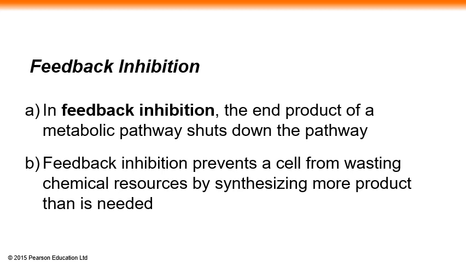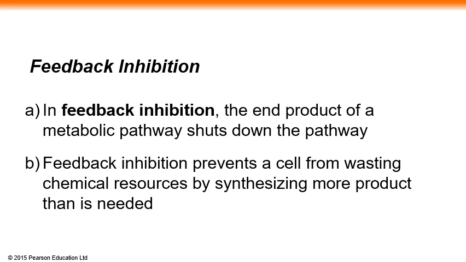Feedback inhibition. Sometimes a cell produces too much product by an enzymatic activity, then it needs to stop. So in that case, the final product can act as an inhibitor for some enzyme to stop the biochemical reaction.